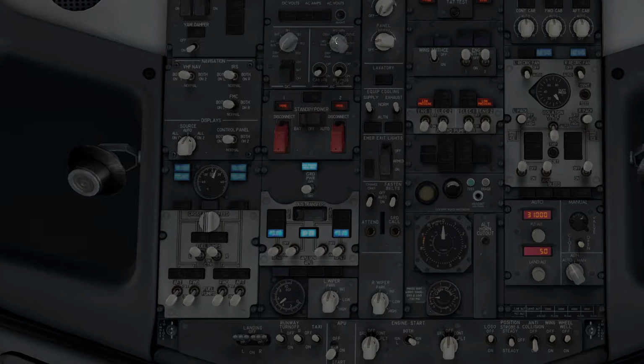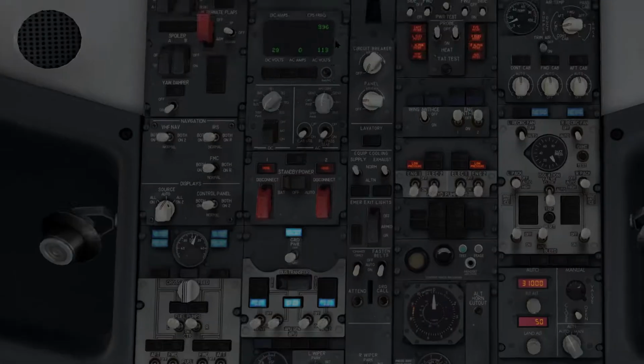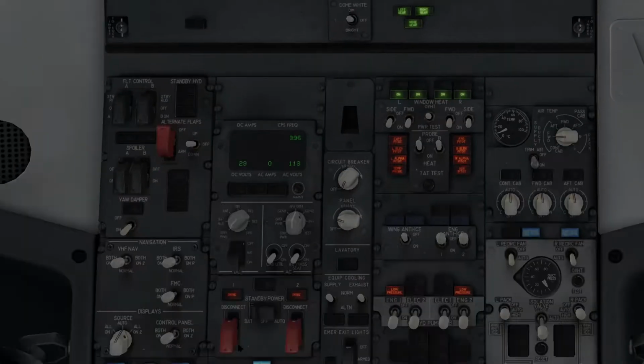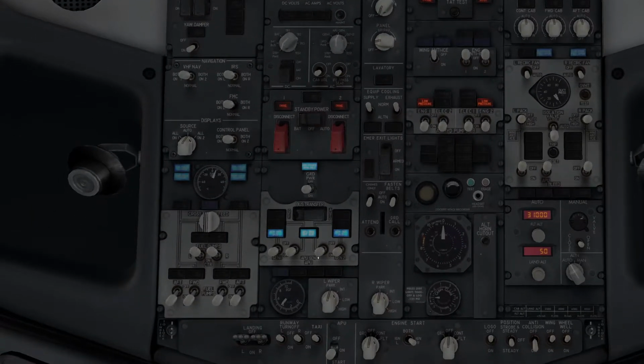So the APU is started. Check the current, frequency 396, so 400 Hz, and amperage is 0 as we are not providing any current from the APU yet. To do that we have to put the gen on the APU.